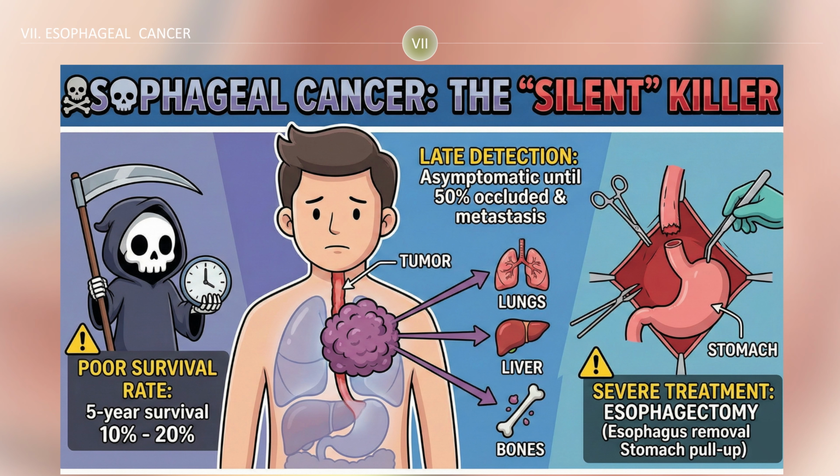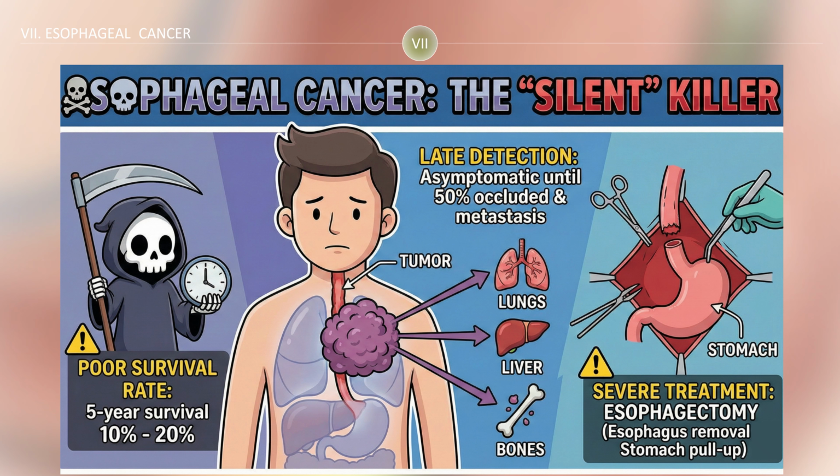Esophageal cancer is the silent killer. Later we're going to talk about esophageal trauma, which is also very high in mortality. But let's talk about esophageal cancer, the silent killer.